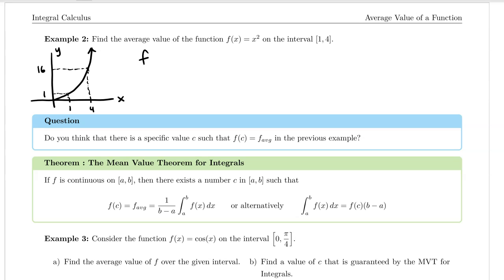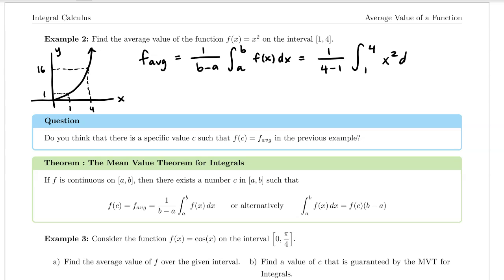And we said earlier that the average value of the function was equal to 1 over b minus a times the definite integral from a to b of whatever our function is. So here our b value is 4, our a value is 1, and then I'm going to multiply that by the definite integral from 1 to 4 of x squared dx.